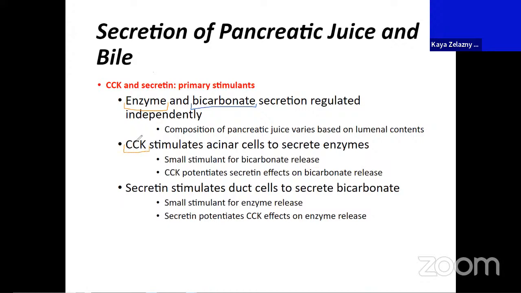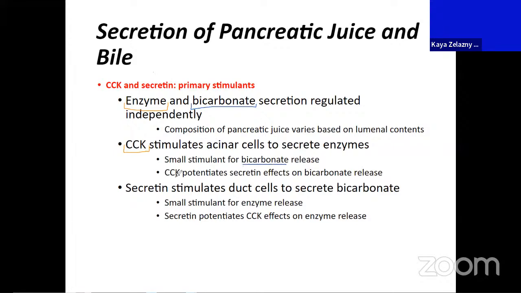The primary job for that CCK is to tell the acinar cells to make our proteases, our lipases, our pancreatic amylase. That's its main job. It has a secondary job, which is a little bit of a stimulus for bicarbonate.